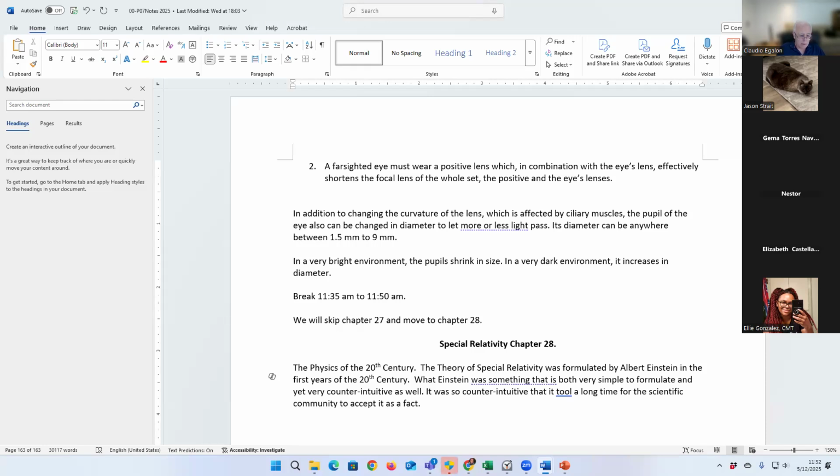What Einstein got was something that was both very simple to formulate, and yet very counterintuitive as well. Also, it led to results that were very difficult to believe.